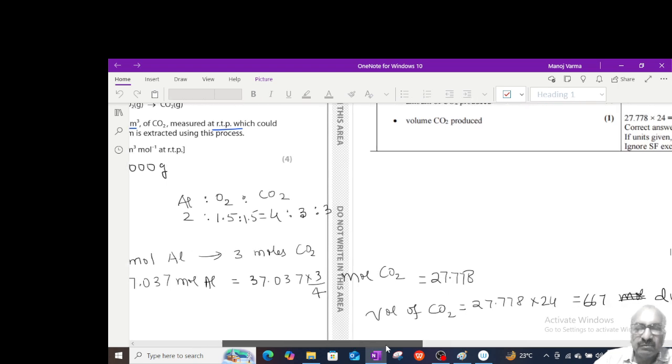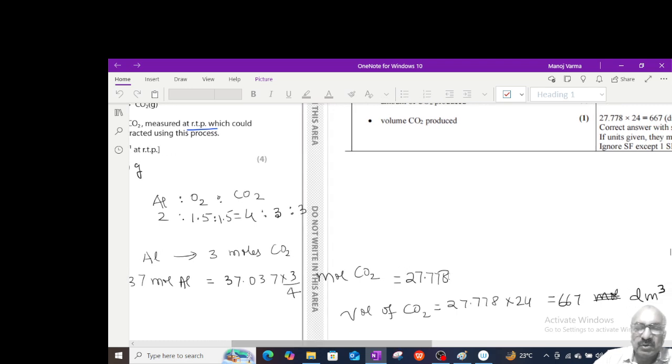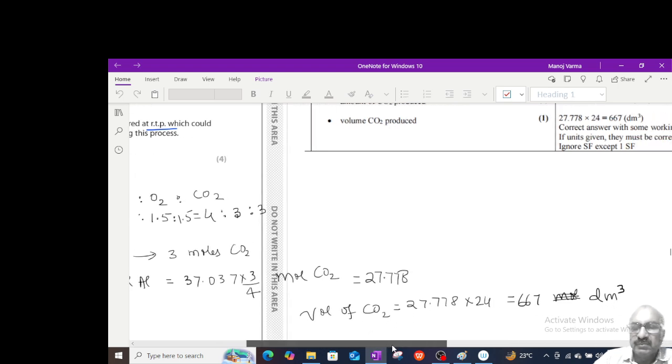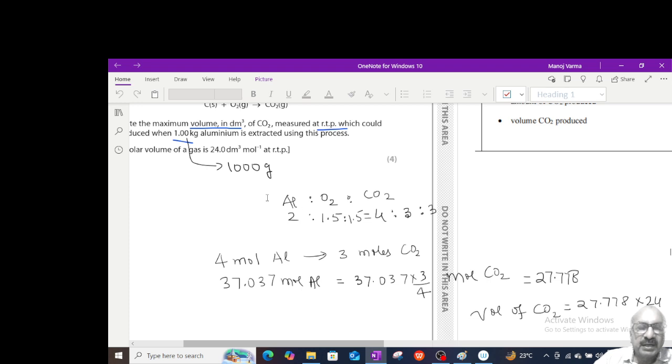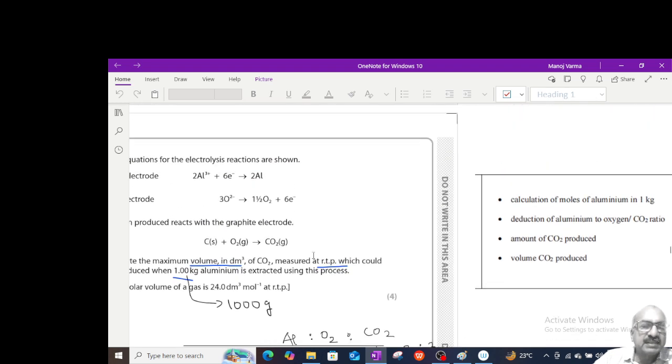We multiply this by 24, because 1 mole occupies 24 dm cube, and we get the volume of the carbon dioxide formed, which is 667. Here we can round off to 3 SF, and this is the volume of carbon dioxide formed from 1 kilogram of aluminium, as asked, when this process is conducted by electrolysis.